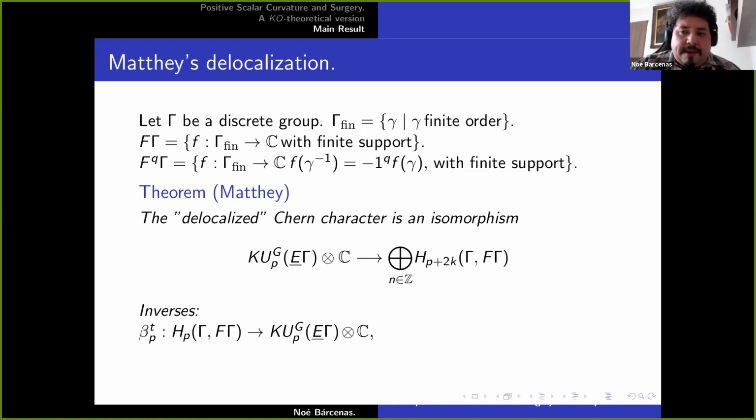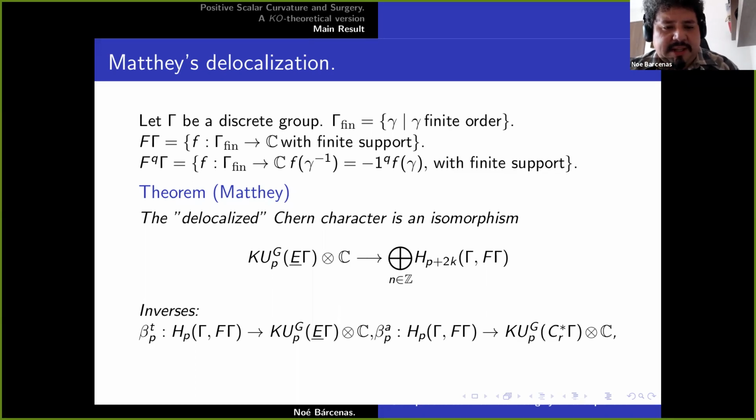And the crucial part by Mattei is that he gives some inverses by actually noticing that homology classes in degree 0, 1, and 2 can be represented by manifolds, actually by surface groups and whatever. So he produces explicit inverses for these maps, and we're going to use these inverses in a crucial way.